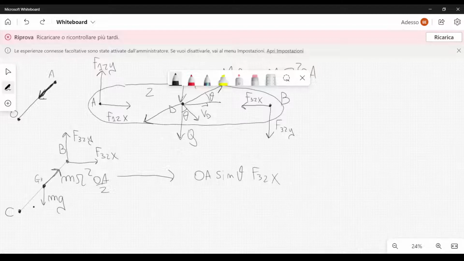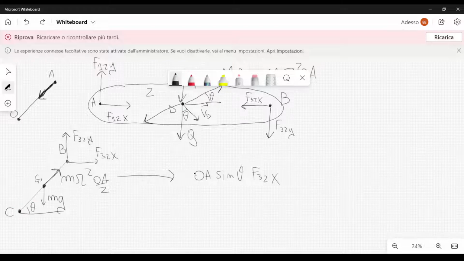CB times sine theta, and theta is here, will give me this length. So this length times f32x will give me the moment generated by this force with respect to the point C.